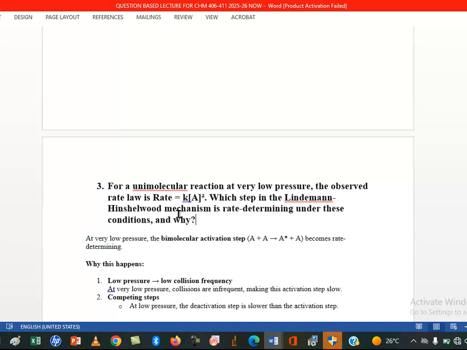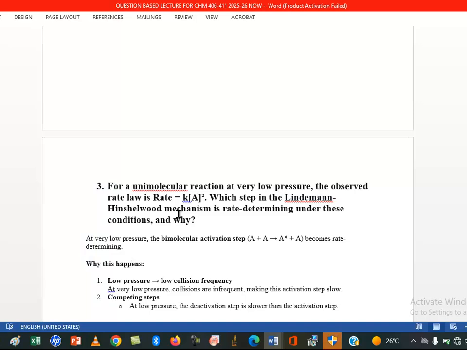So what it's telling us is that if the rate is k[A] squared, which step is the rate determining step under this condition?